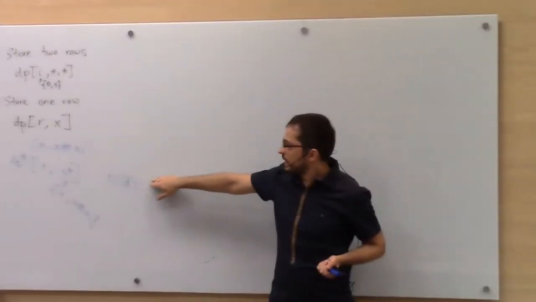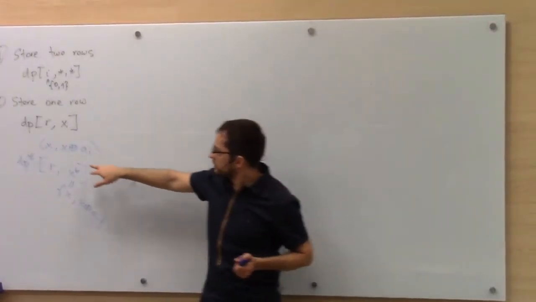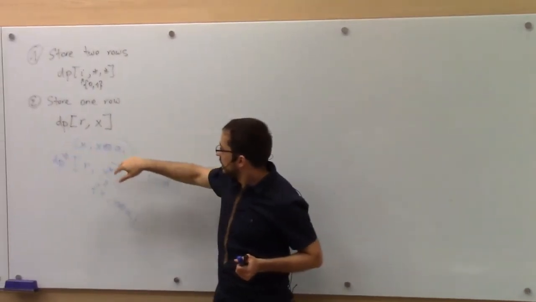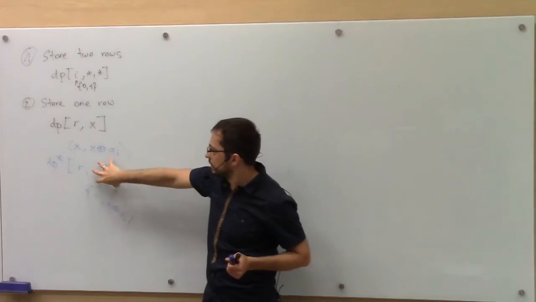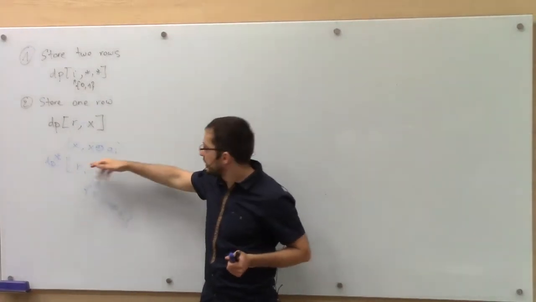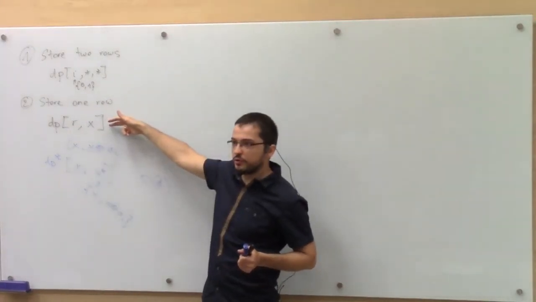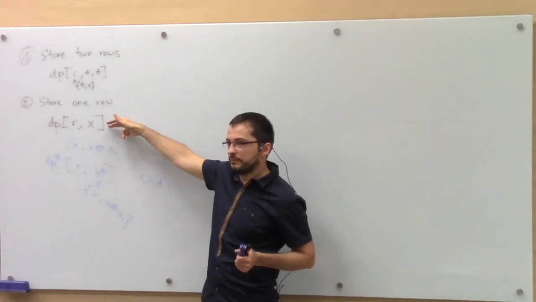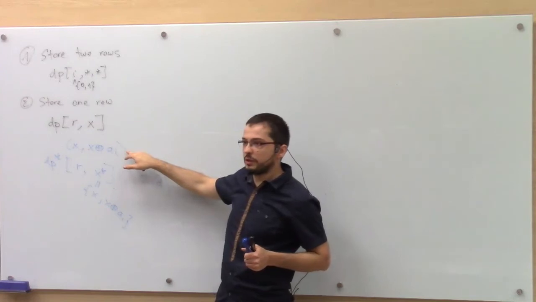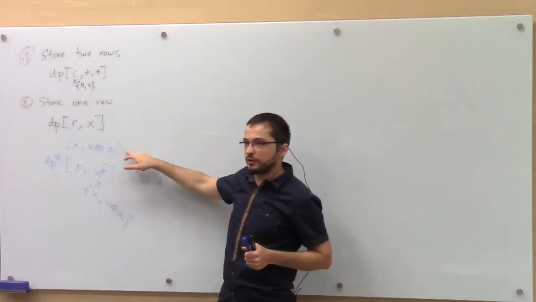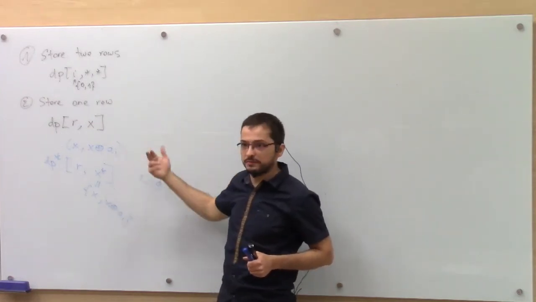And we will see that only these values depend on these values. So after we fill this small array, we can then copy it to the original array, and that's it. And we can start doing the same calculations for another pair.